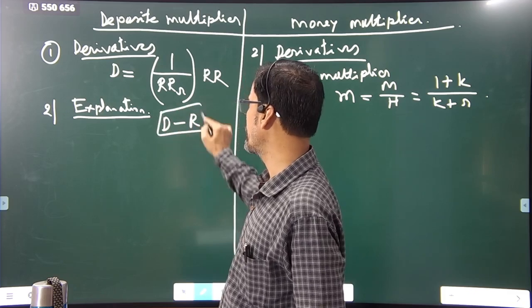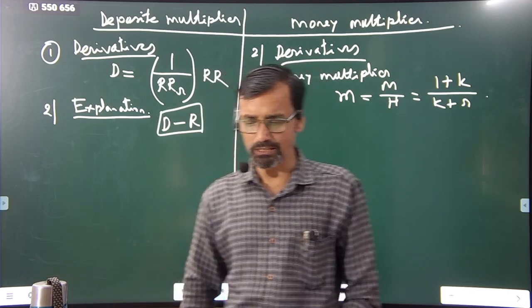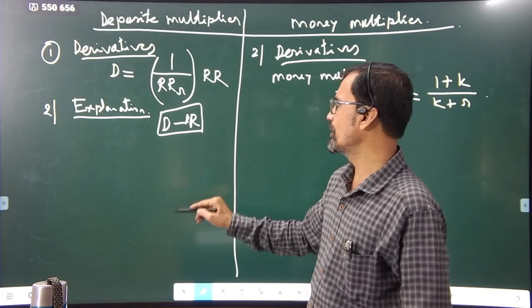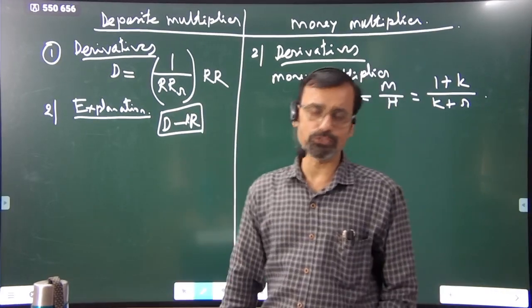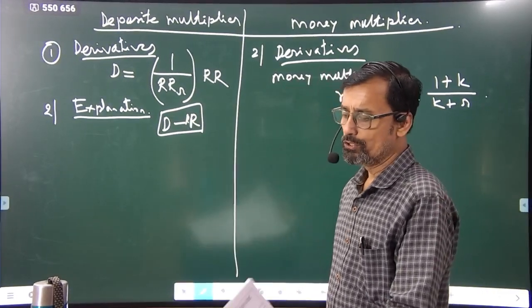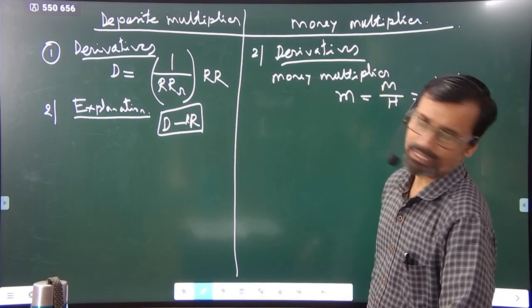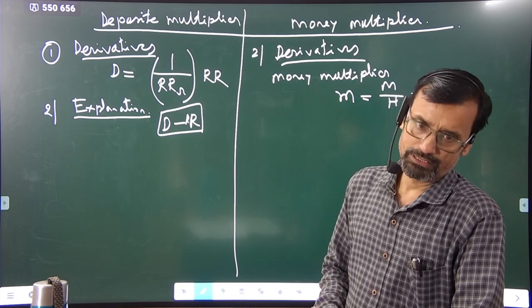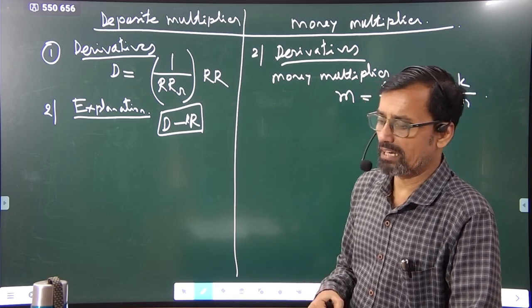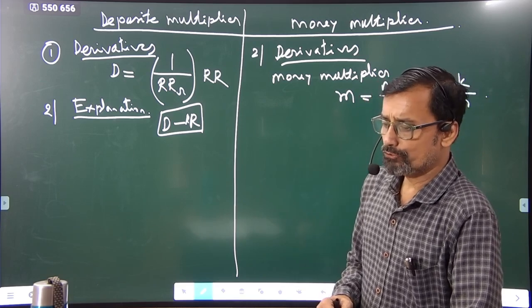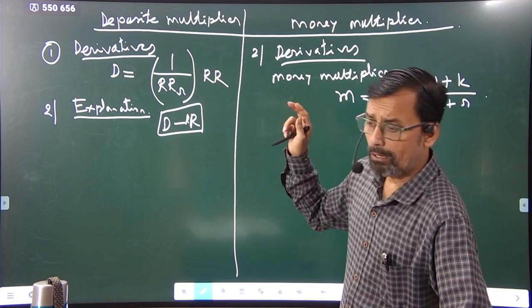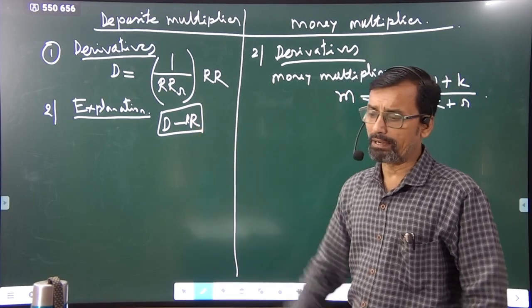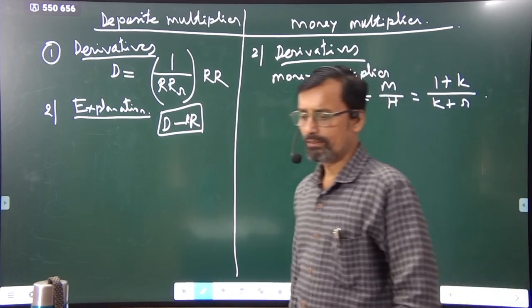The rest of the amount can be lent by the commercial bank. So after deducting the reserve amount from the deposit, we get the excess reserve, and this excess reserve can be lent by every commercial bank. So this deposit multiplier basically depends upon the required reserve.